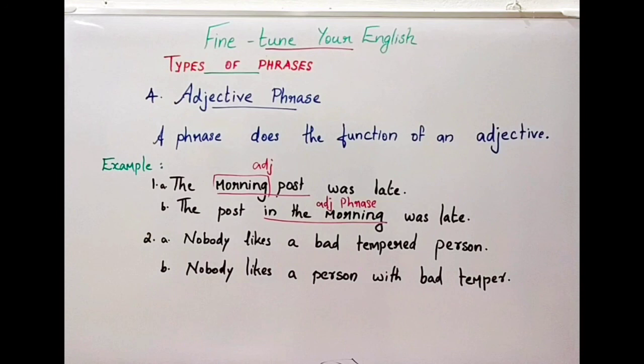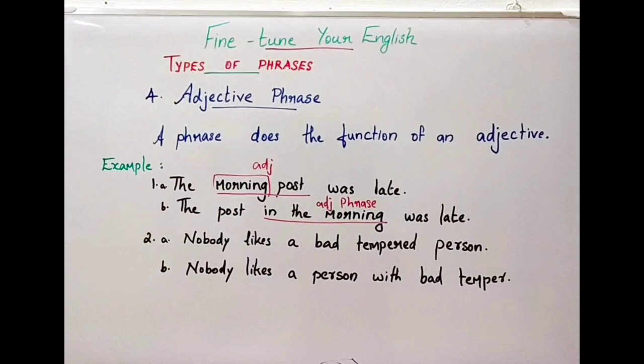The first one, the morning post was late. Here, morning is an adjective for the noun post. Morning adds something more, it explains at which time the post comes. It's in the morning. Then the same example is written in the form of an adjective phrase.